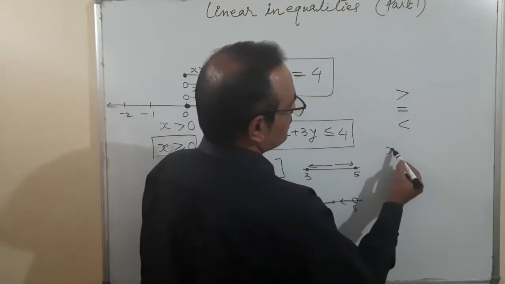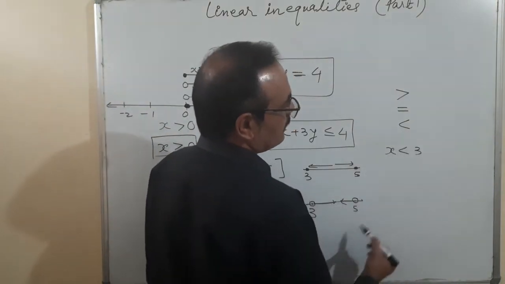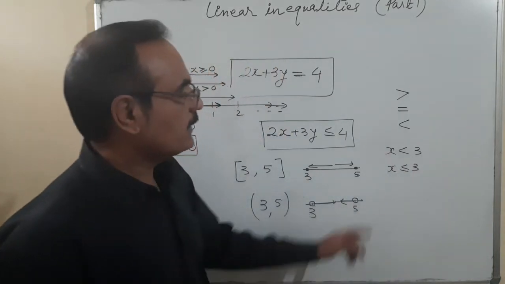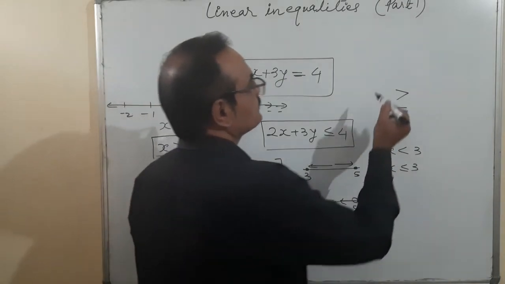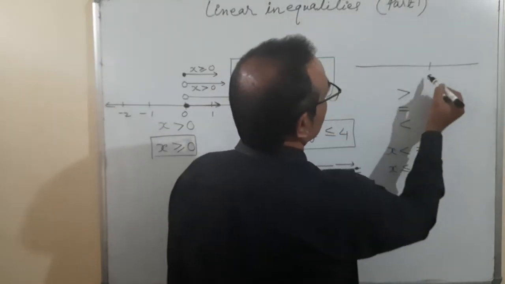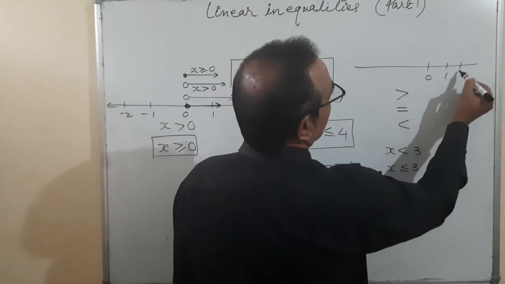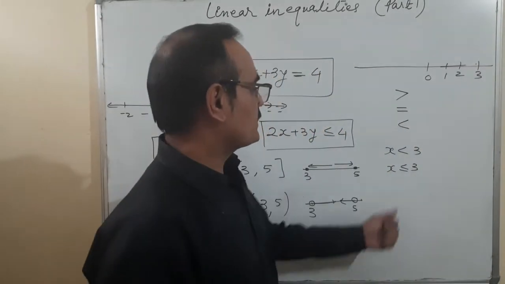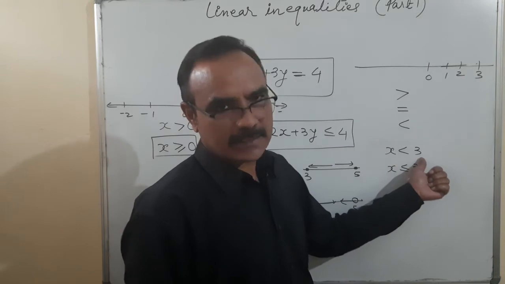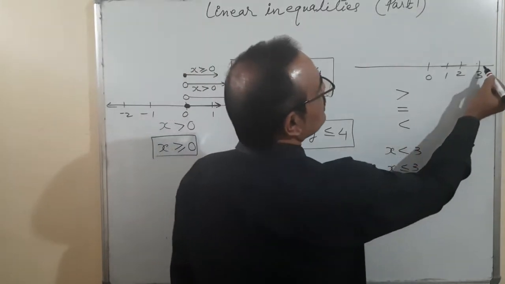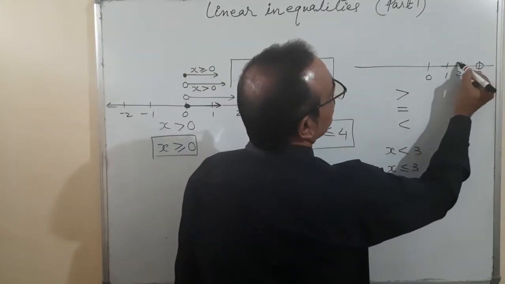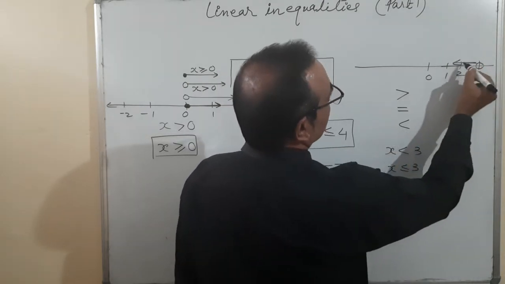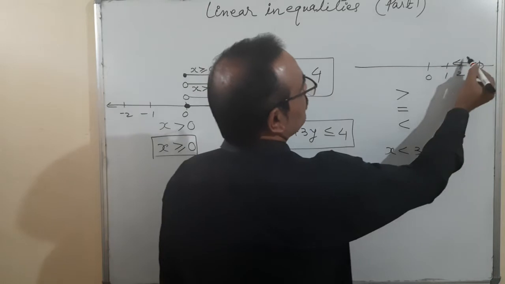So this is greater than 0, strictly greater than 0, and the same applies to less than. For example, x is less than 3 and x is less than or equal to 3. Make a difference. X strictly less than 3: the values of x are 0, 1, 2 and this is 3. When we want to represent x is less than 3, strictly less than 3, there is an open circle at that side, because x is less than 3, so on the left hand side is the value of x.